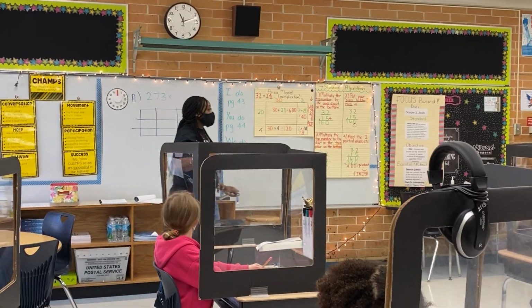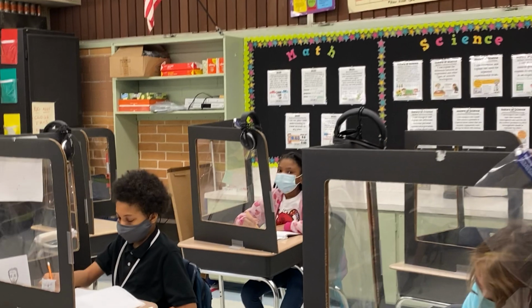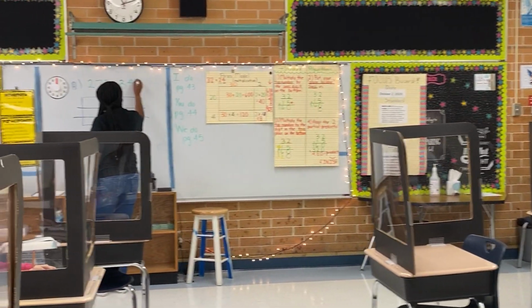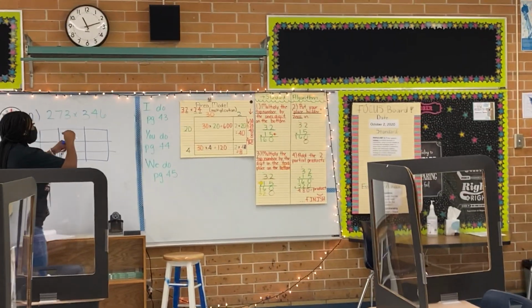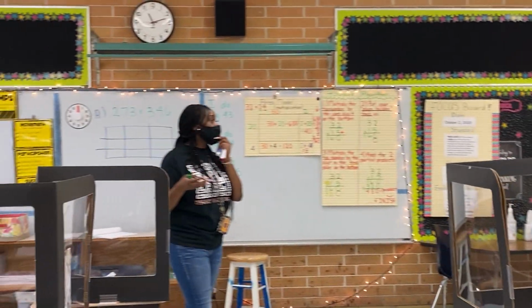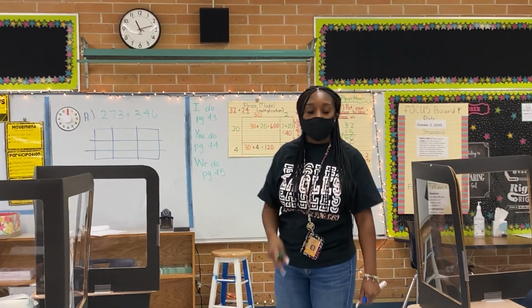What is the second number that we're using? The second multiple is going to be what, Maria? 346. Right? Because both of these factors are numbers in the hundreds, we would need 3 boxes, vertically and horizontally, right?